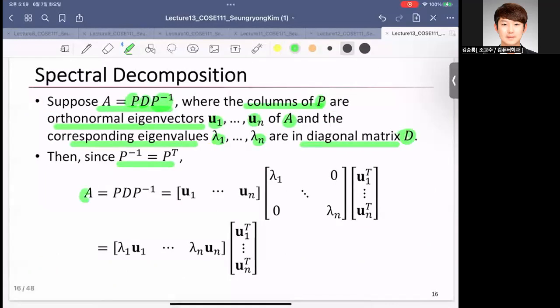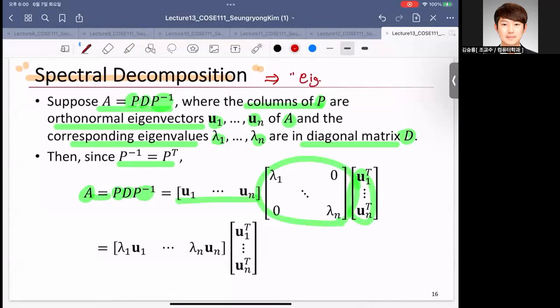Then your matrix A can be factorized as P, D, P inverse, where P is like this, D is like this, and P inverse like this.